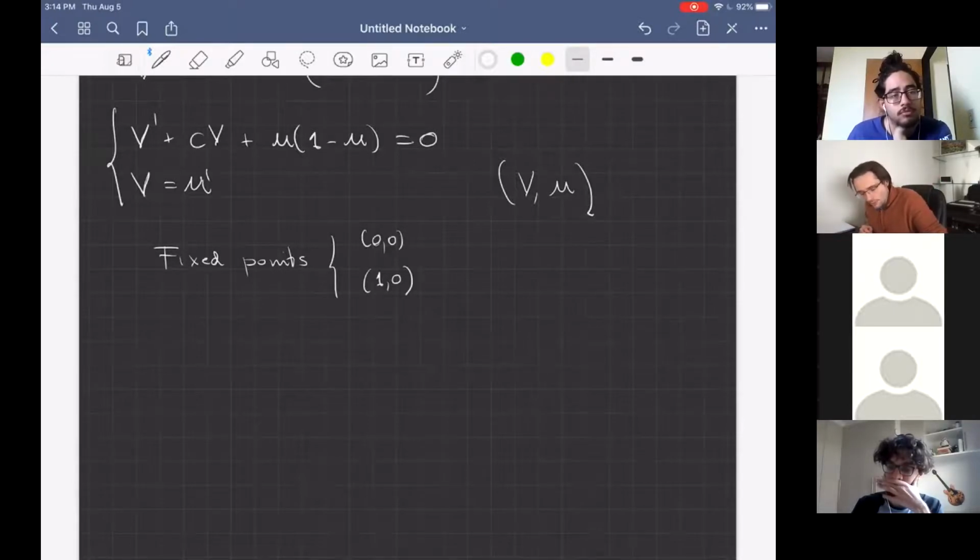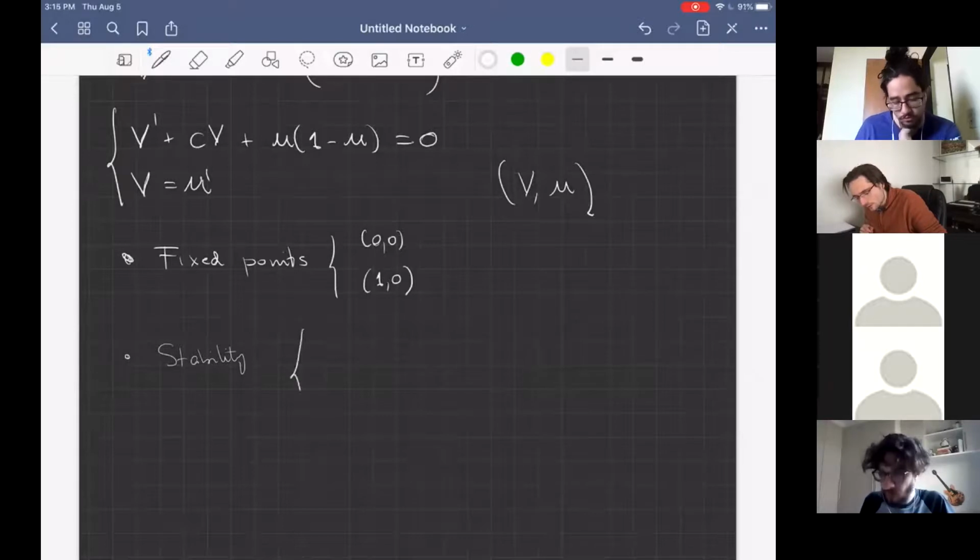So once we have the fixed points, the next thing that we can calculate is the stability of those fixed points. And this, I invite you to do it in your houses when you have some time, because now we have all the analytical way to do that.